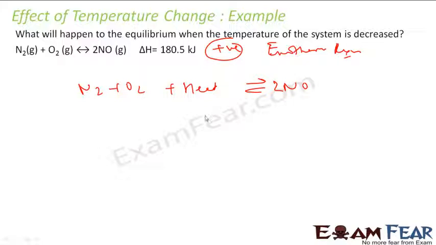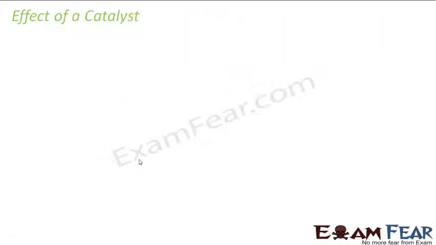Correct? So now, if you increase the temperature, what will happen? The reaction will move in this direction. But now, it says the temperature is decreased. So if you decrease the temperature, the reaction will move in this direction to counter the heat change. Correct? So it will move in the backward direction.